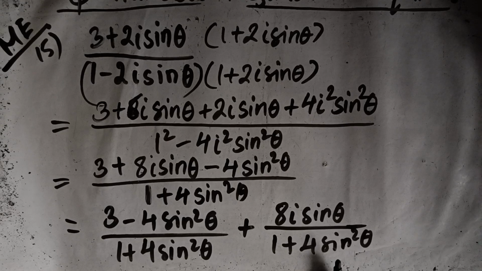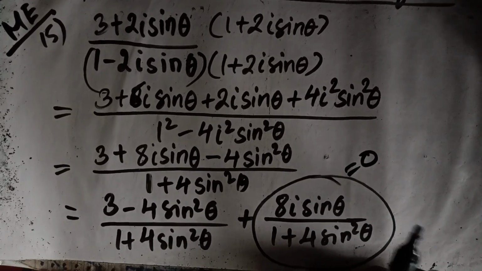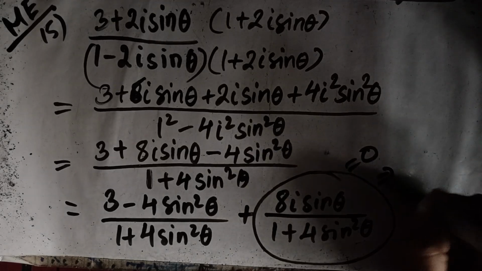So we have to show that it is purely real. So for this theta, this should come out real. For this to be real, this imaginary part should be 0, right? Because when you take any other number, i is there, so we have to remove this i. So this part should be equal to 0. If this is equal to 0, then sin theta is 0, right?